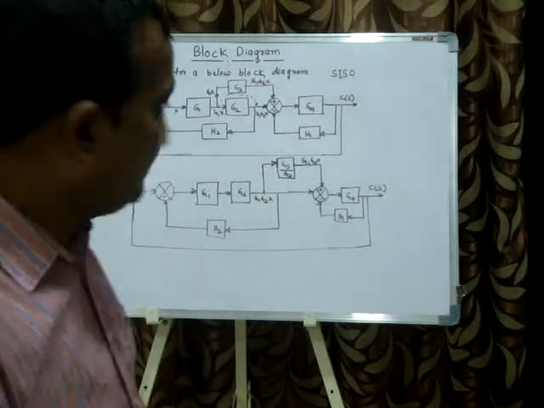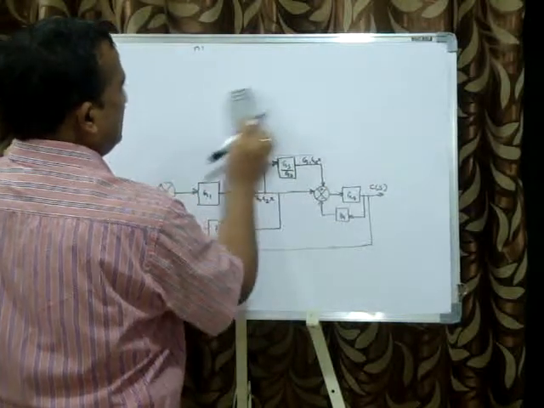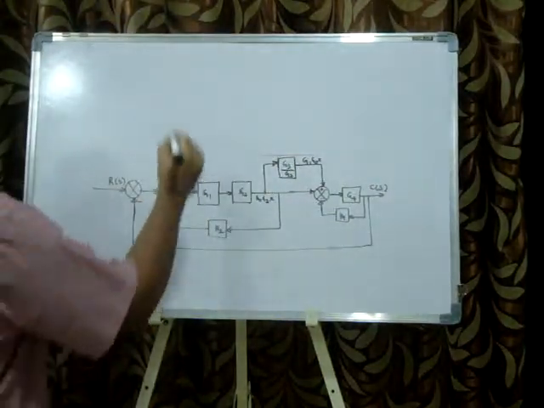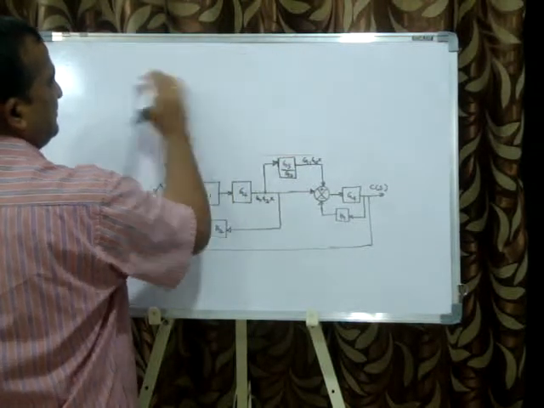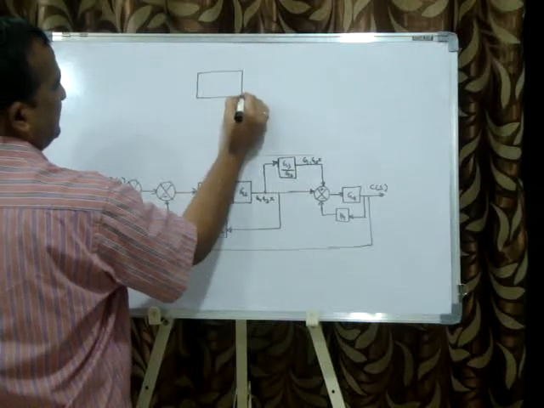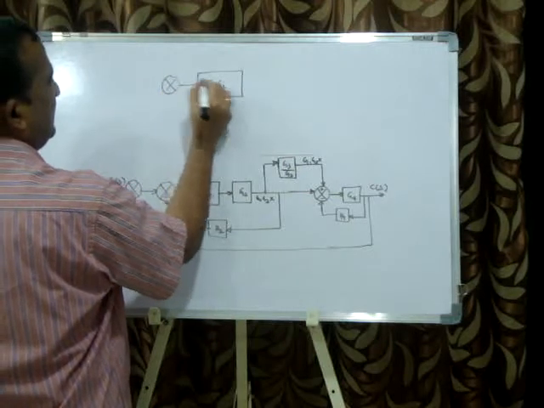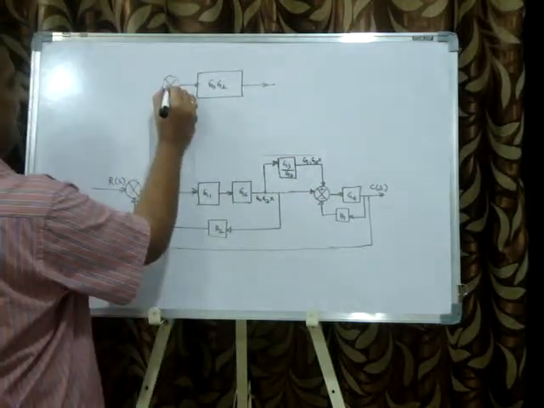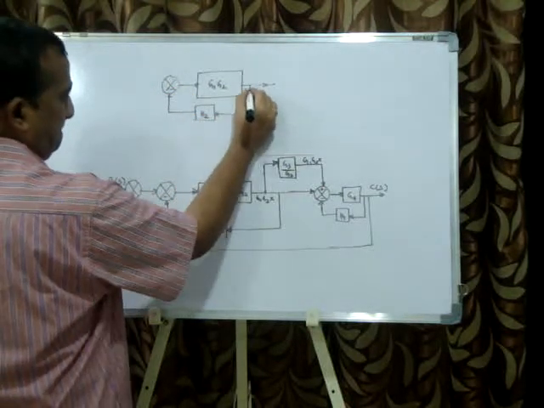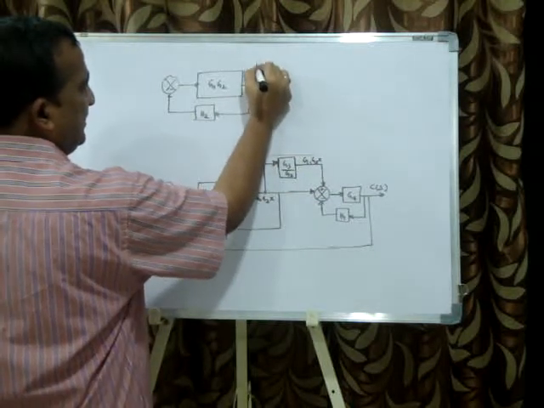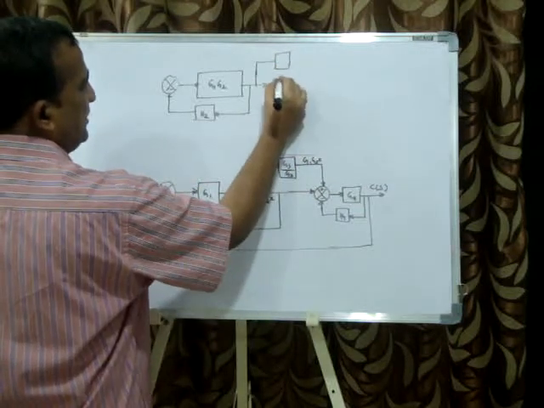So now G1G2, and here minus H2, and from here nothing is there, which means 1.